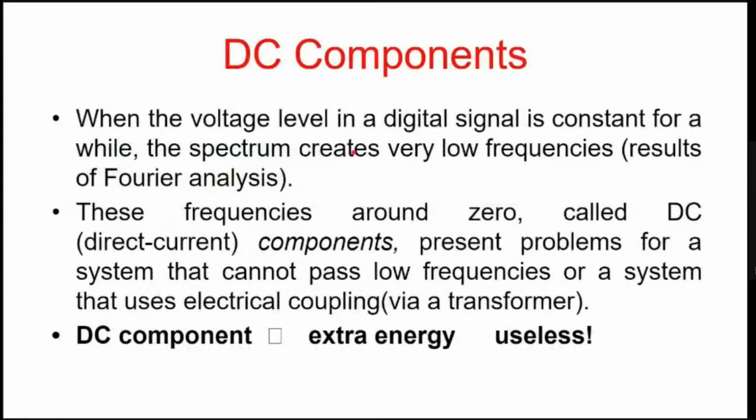The next one is the DC component. So what is a DC component? When the voltage level in the digital signal is constant for a while, the corresponding spectrum creates a very low frequency, the result of Fourier analysis.